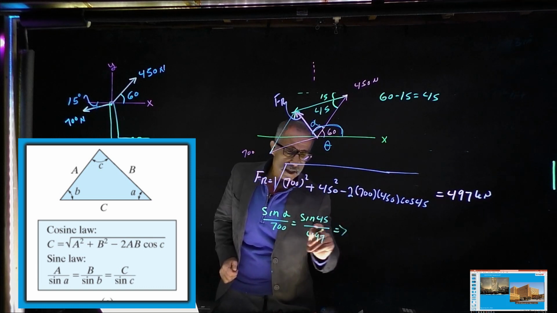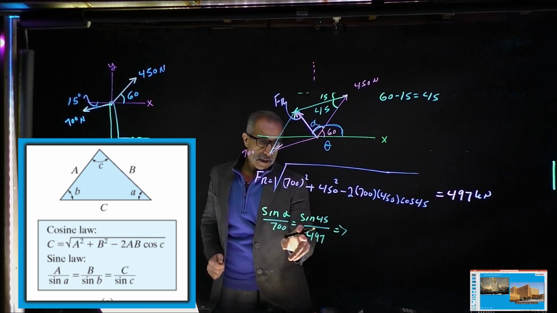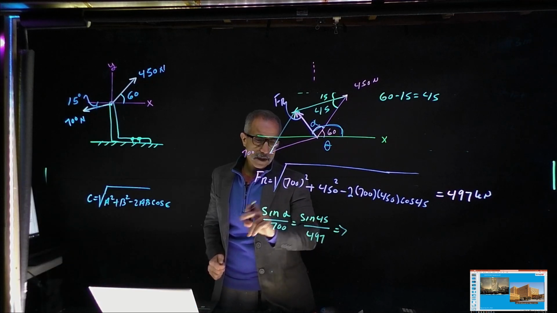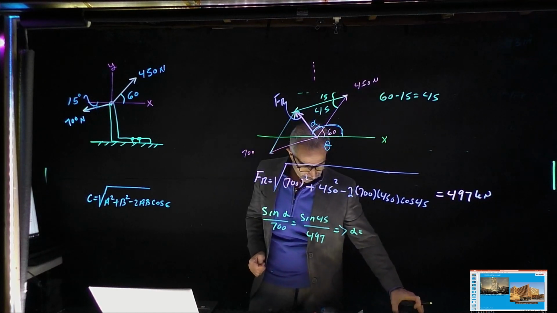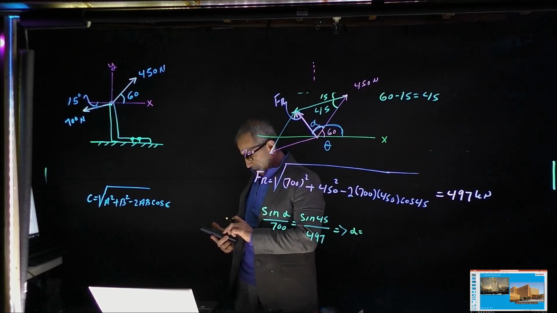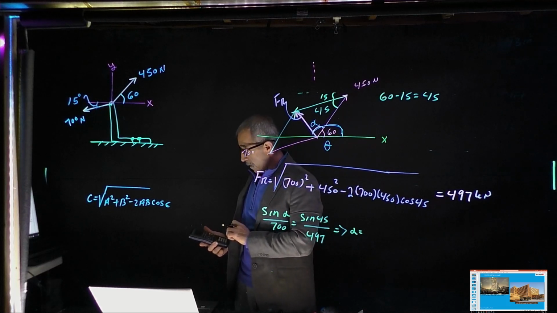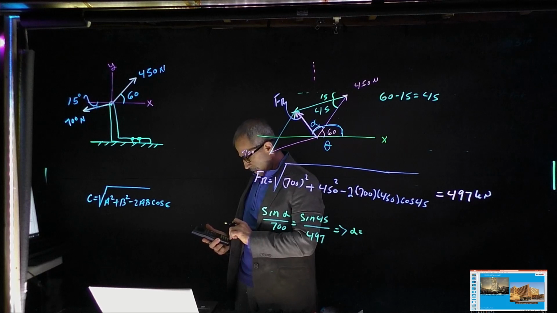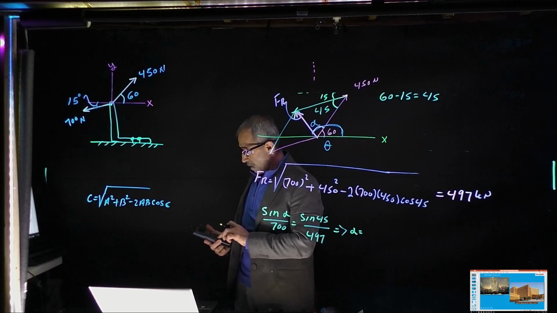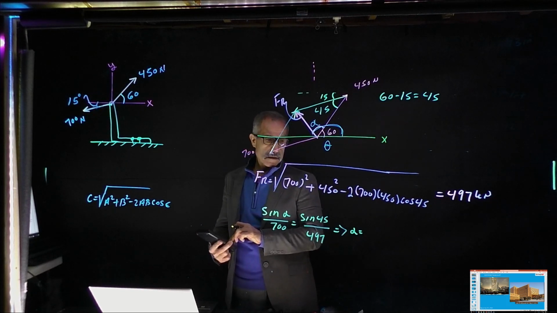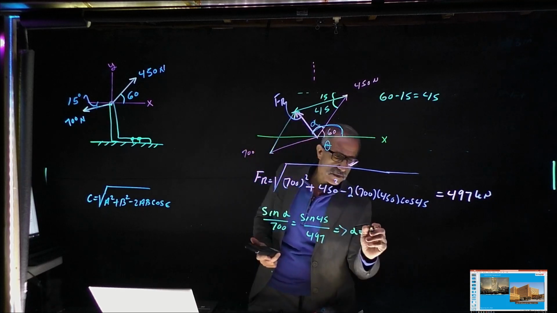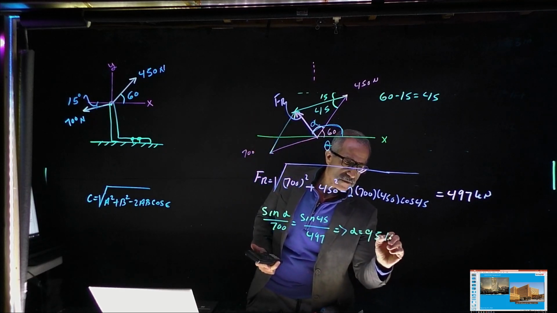Therefore, I know this, I know this, I know this, and that's the only thing I don't know, and my alpha is going to come out to 95.19.